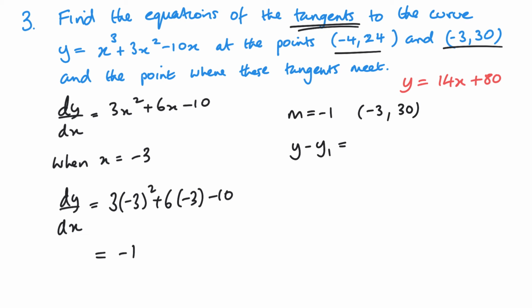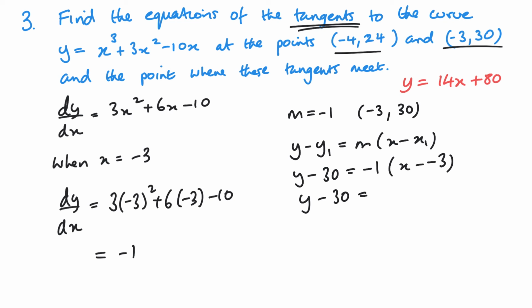So as per usual, put down the equation of a straight line, substitute in what you know. Expand and simplify. So we get plus 3 times minus 1, so minus 3 there. So y equals minus x plus 27.